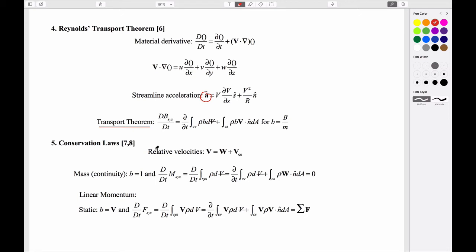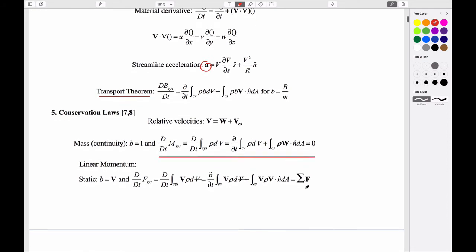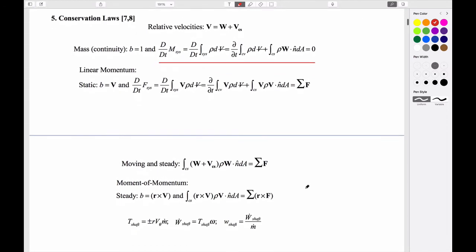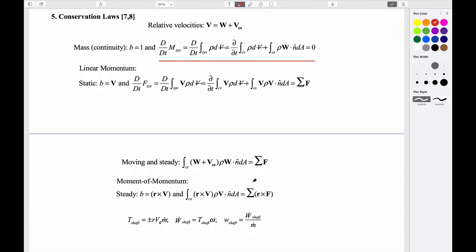We used Reynolds transport theorem, as you recall, to be able to get a couple of things. We used it to get conservation equations for conservation of mass, which we can write a little more simply than this, which we've just written in the previous pages. We can also use Reynolds transport theorem to write the expressions for conservation of linear momentum, which we also wrote in shorthand. And we can also use the same relationship to write the equations for rotational momentum.